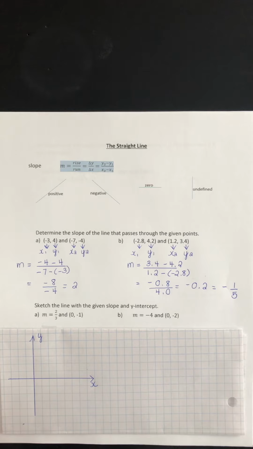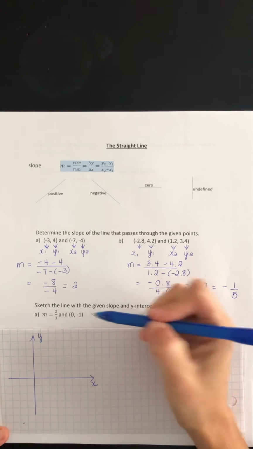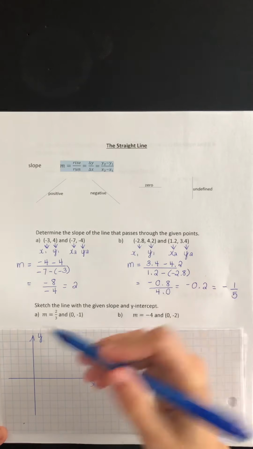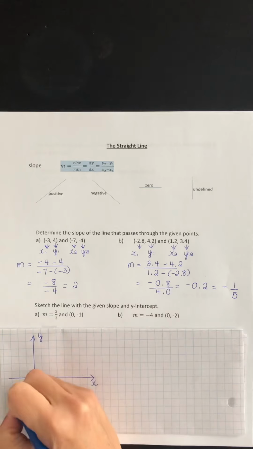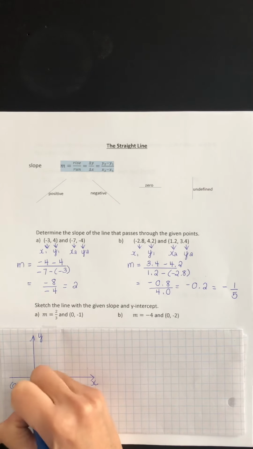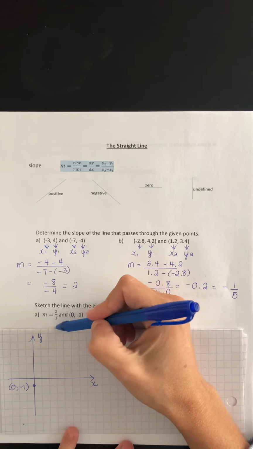And then I'm going to start at the y-intercept, the point 0, -1. So 0, -1 is right here on my graph. Now all I need to do to sketch the line is to find one other point on the graph. And I do this by using the slope.